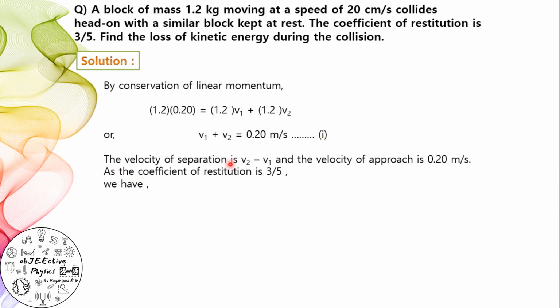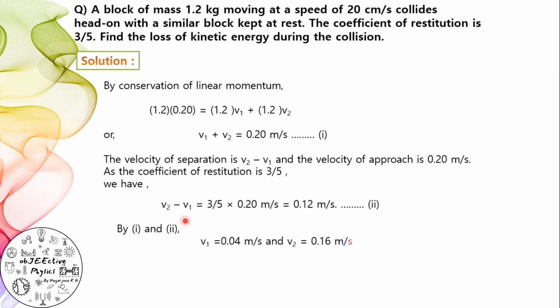The velocity of separation is V2 minus V1 and the velocity of approach is 0.2 meter per second, because the second body was initially at rest. As the coefficient of restitution is 3 by 5, which is given in the question, we have V2 minus V1 is equal to e into U1 minus U2, that is 3 by 5 into 0.2, which is equal to 0.12 meter per second.